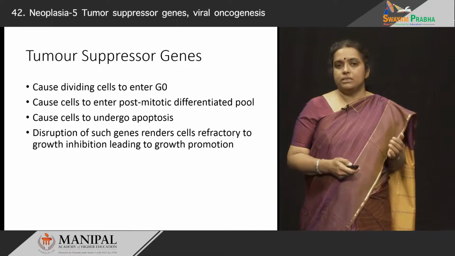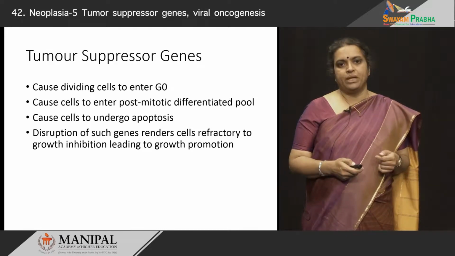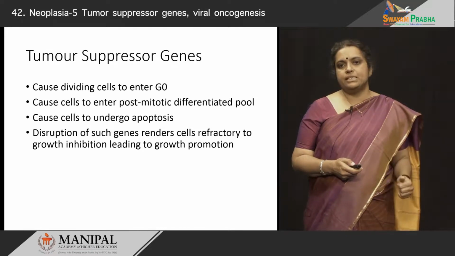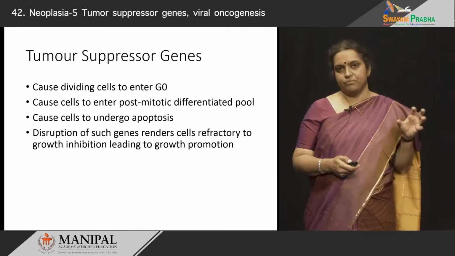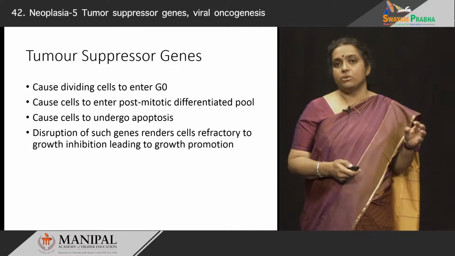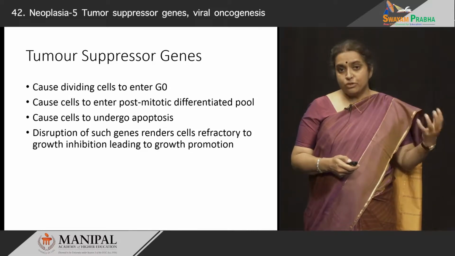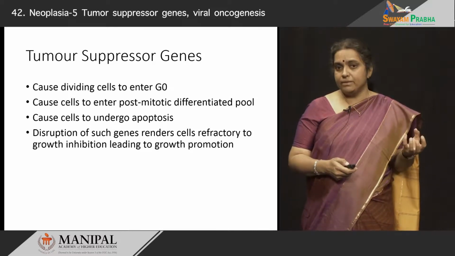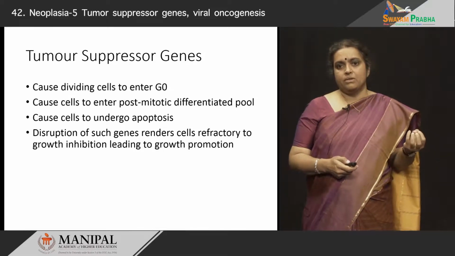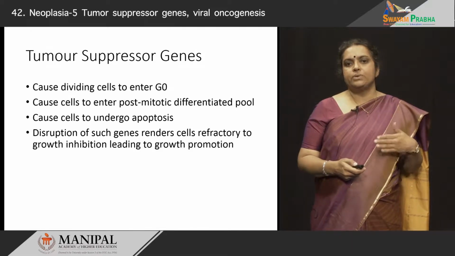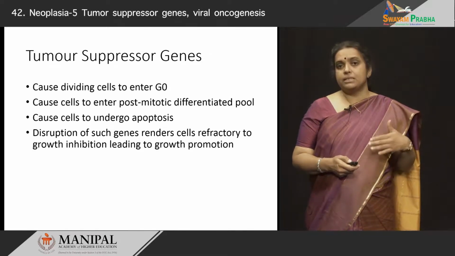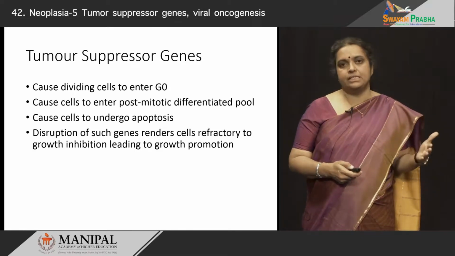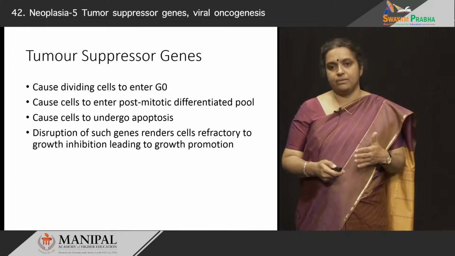Now, what do these tumor suppressor genes do? They cause dividing cells to enter G0. You know that in the cell cycle there is a phase called G0. So, they force dividing cells to enter into G0. Sometimes they also cause cells to enter a post-mitotic differentiated pool, which means they drive the cells towards becoming differentiated.